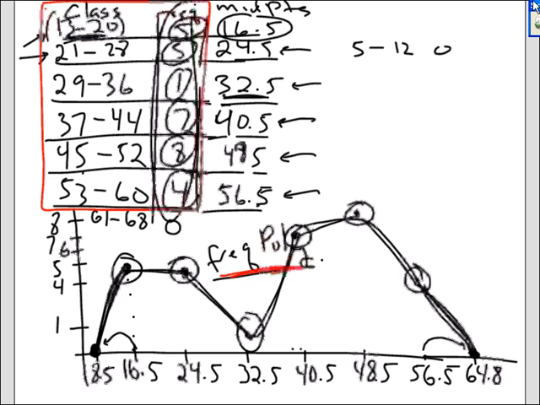Okay, I'm going to write this down again, and we're going to draw a cumulative frequency graph. Actually, it's called an ogive. We're going to draw an ogive. An ogive is the cumulative frequency graph.